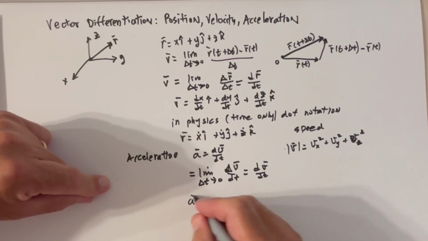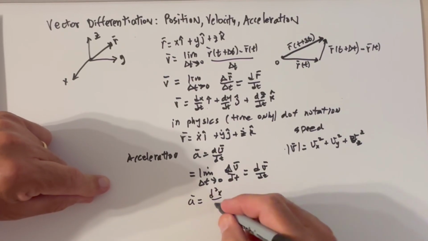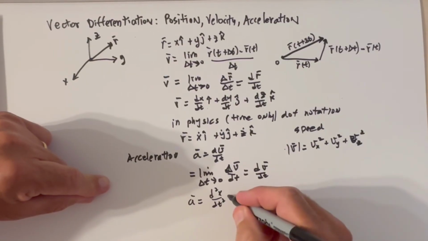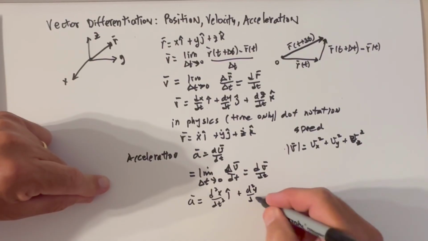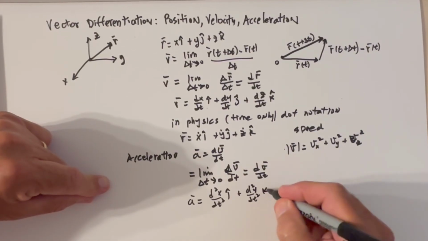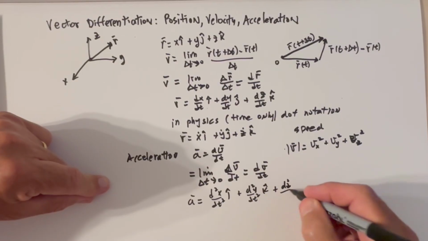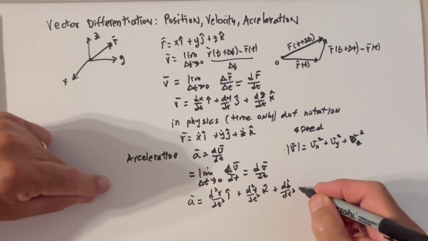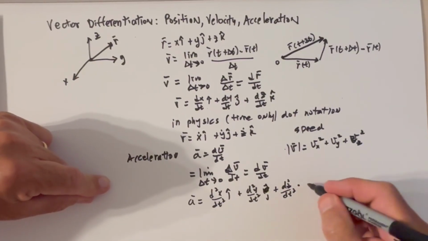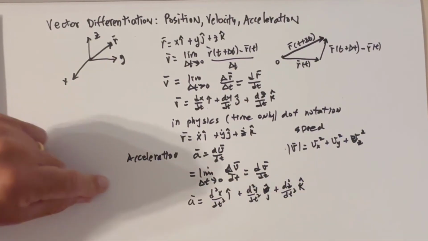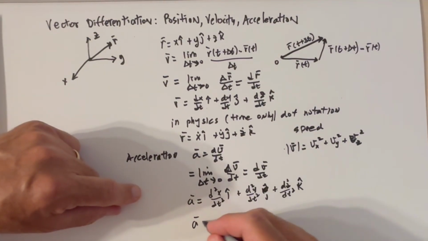Now, the acceleration vector can be written as the second derivative of x with respect to time in the i direction, plus the second derivative of y in the j direction, plus the second derivative of z with respect to time in the k direction. So that is the second derivative. We write it in the dot notation.